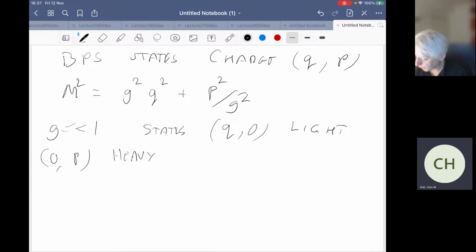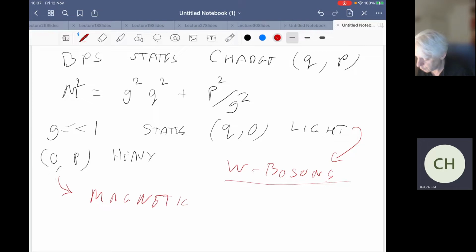These are realized as the W bosons, the massive BPS states in the supermultiplet containing the W bosons, which will be electrically charged, whereas these are realized as magnetic monopoles.